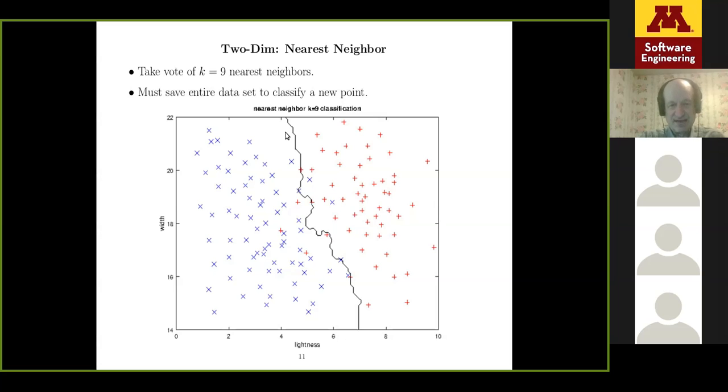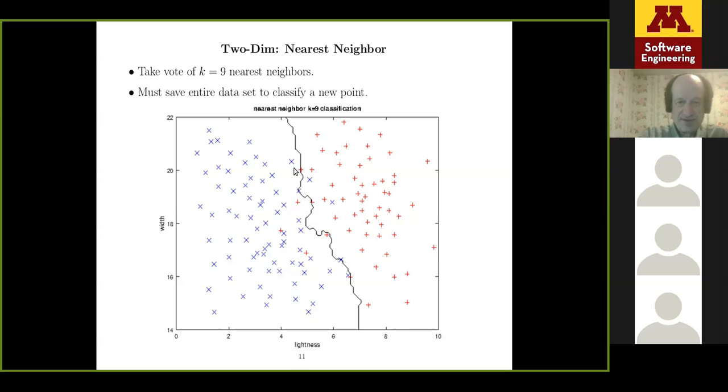What people usually do is try to smooth this out. So instead of taking a vote of the 3 nearest training points, you imagine that each training point has a force field around it, and you weight the votes by how far you are. And any point that is farther away than some threshold, you decide to ignore.